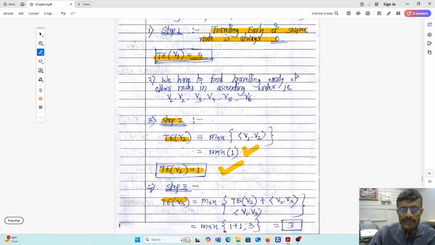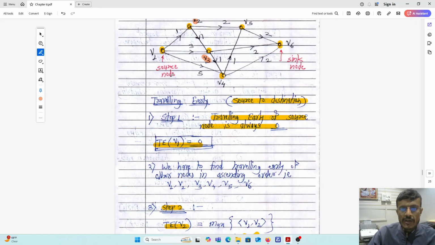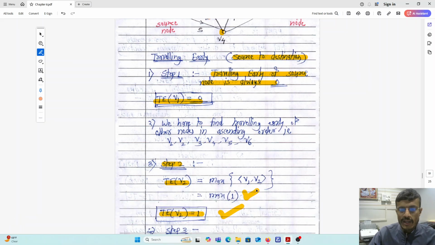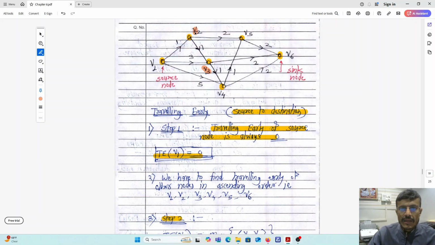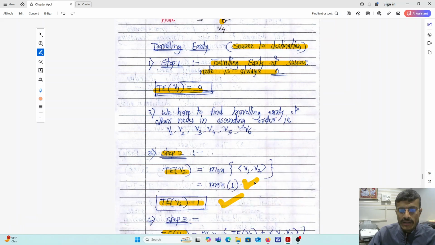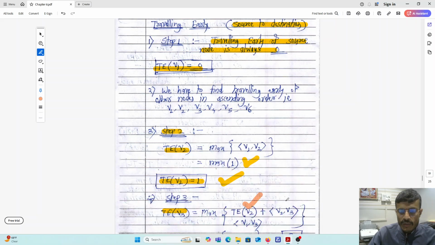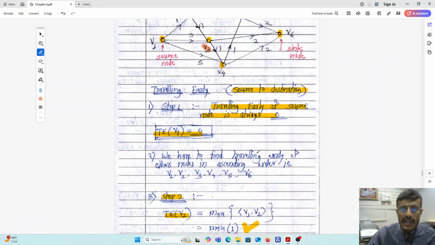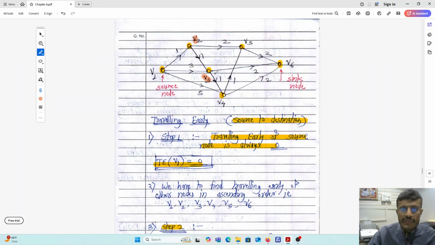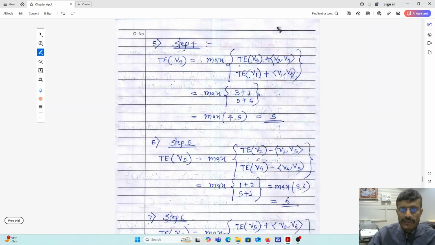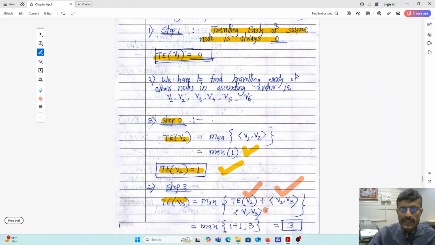So maximum of traveling early of V2, because already we have found out traveling early of V2, plus edge V2 V3, and another possibility is V1 to V3 directly.